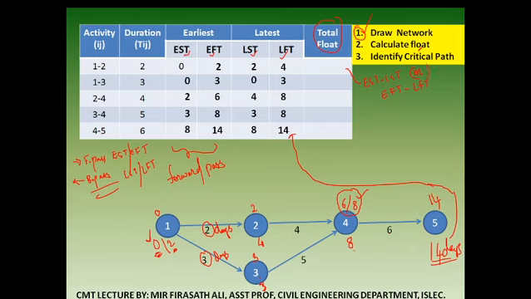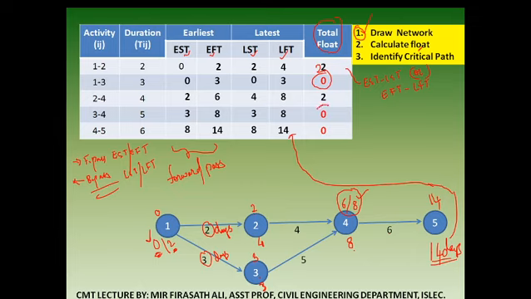Look over here, 0 minus 2, always this value should be in plus sign, or either do 2 minus 0 or 4 minus 2, the answer will be the same, 2. Now 0 minus 0 or 3 minus 0, 0, 2, 0, 0. So the total float.